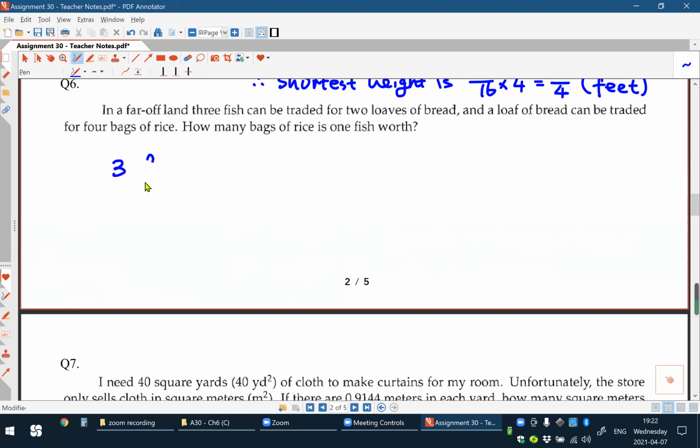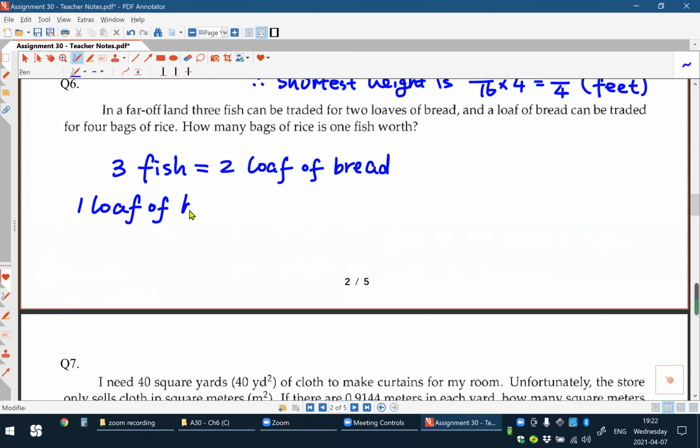We know that 3 fish equals 2 loaves of bread. Right? And we also know that 1 loaf of bread equals 4 bags of rice.